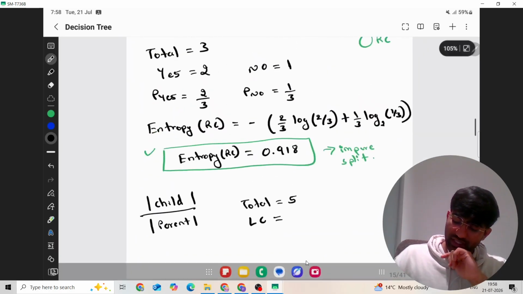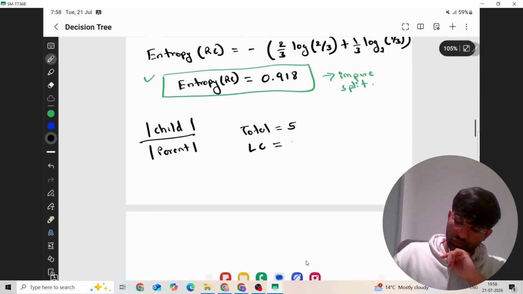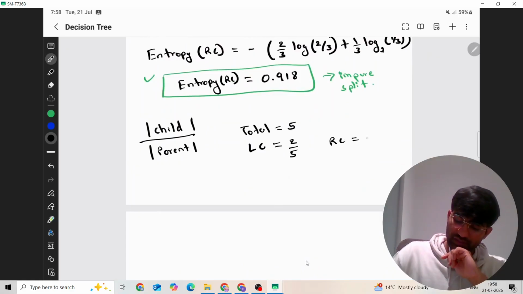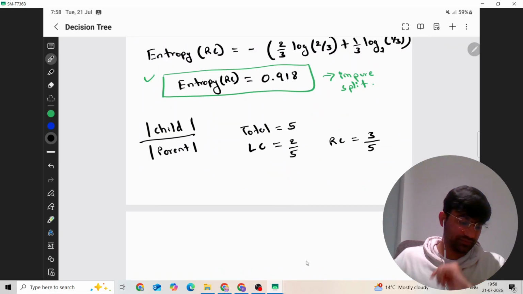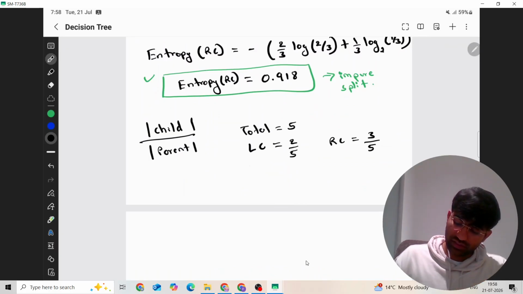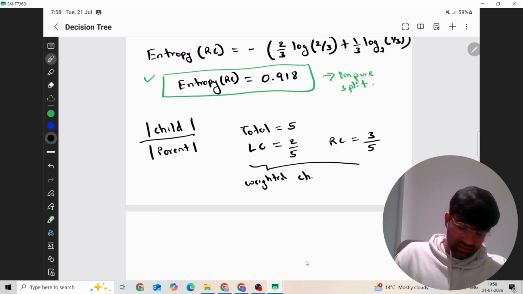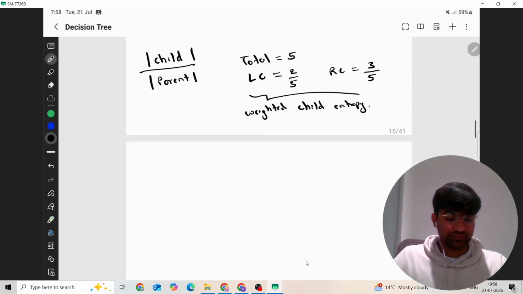So the left child will be 2 by 5 and the right child will be 3 by 5. These are our weighted child entropy.